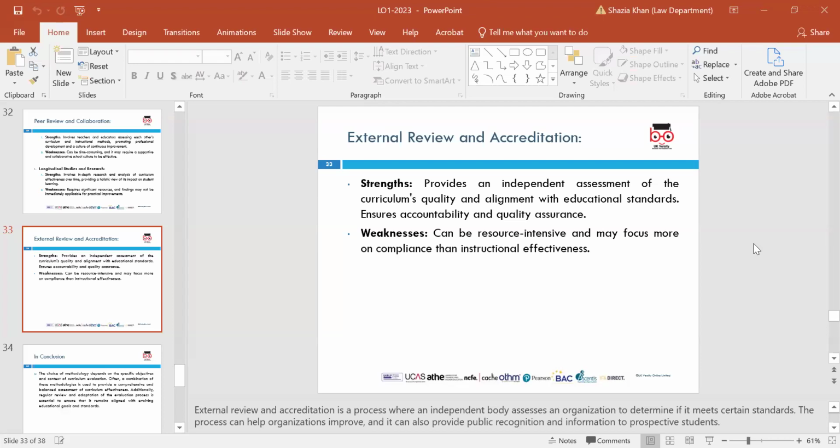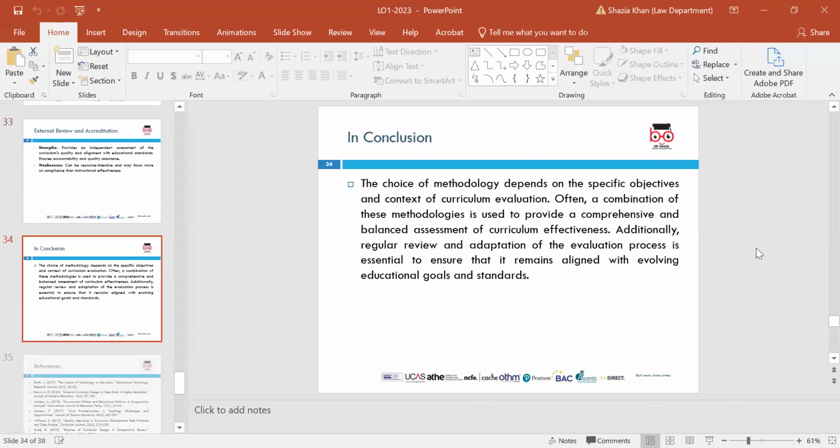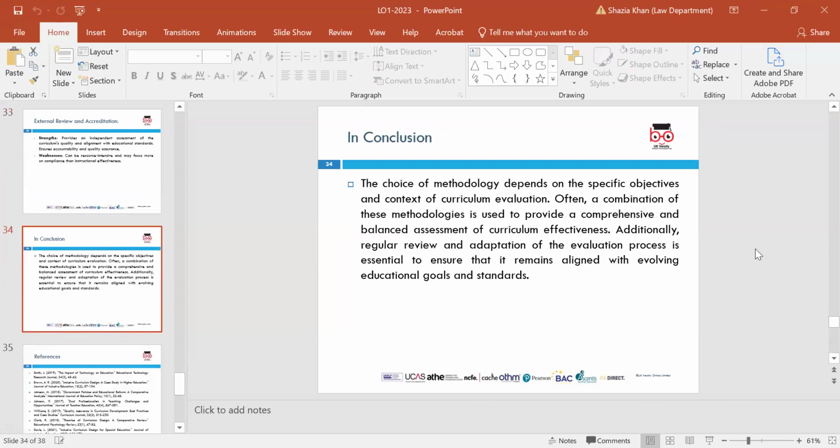The strength is that it provides an independent assessment of the curriculum's quality and alignment with educational standards, and ensures accountability and quality assurance. It also tests and benchmarks their processes, and enhances quality and good practices. The weakness is that it can be resource intensive and may focus more on compliance than instructional effectiveness. In conclusion to 1.5, the choice of methodology depends on the specific objectives and context of curriculum evaluation.